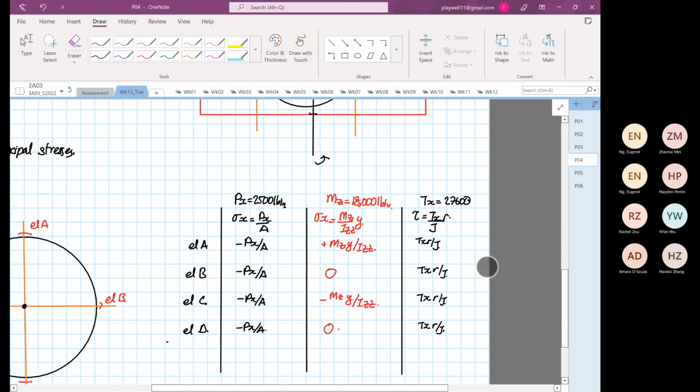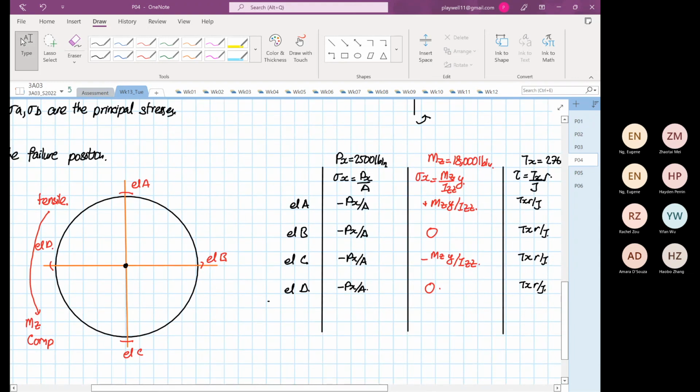So now we have to decide the element that's under the most critical loading, and it is element C. Why element C? Because both the normal stresses induced by axial loading and bending moment are negative.